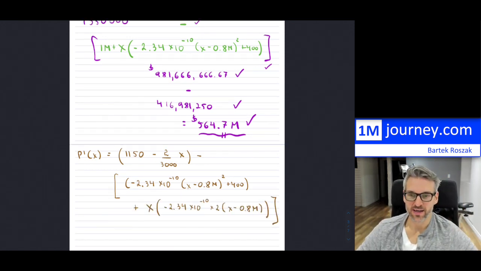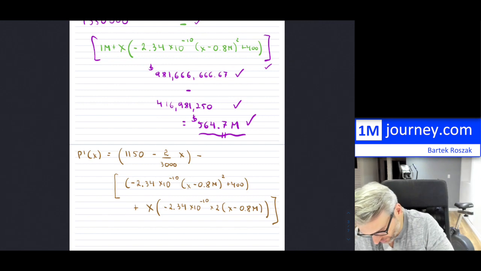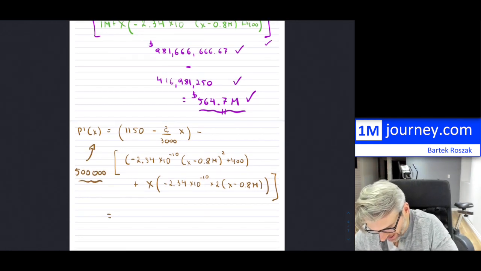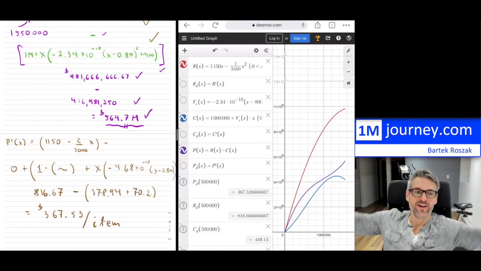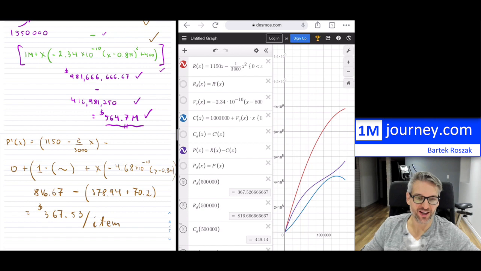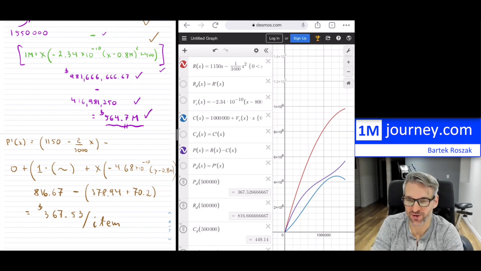All right, so that is the derivative. That's the marginal profit. And now substituting, we would have to substitute the 500,000 and then find out what the answer actually would be. Okay, that took a while, but I also wanted to show you. What I ended up doing was I actually plotted on Desmos the revenue, the cost, the profit.